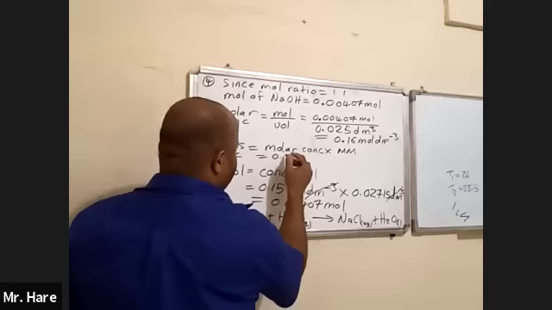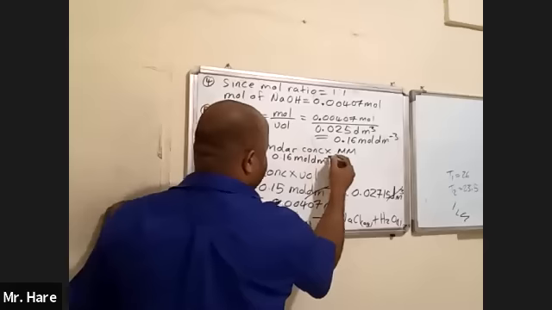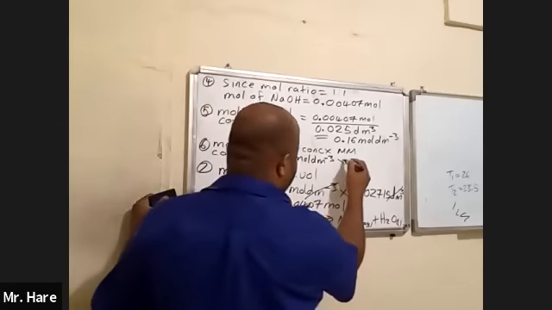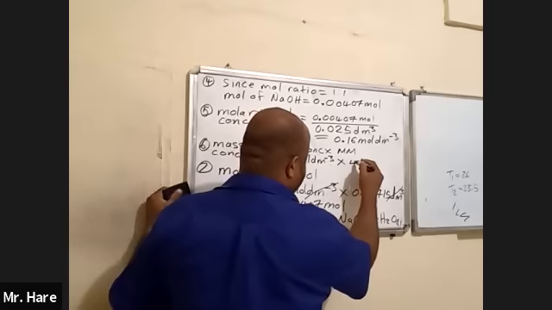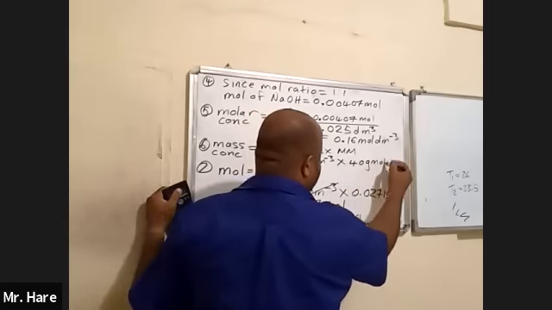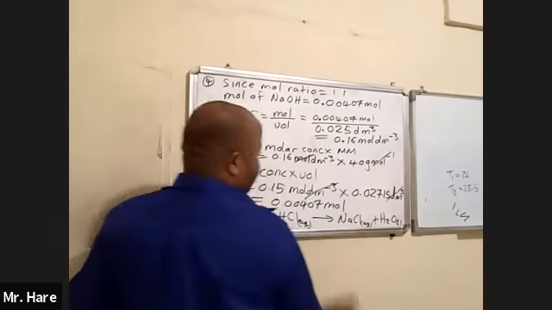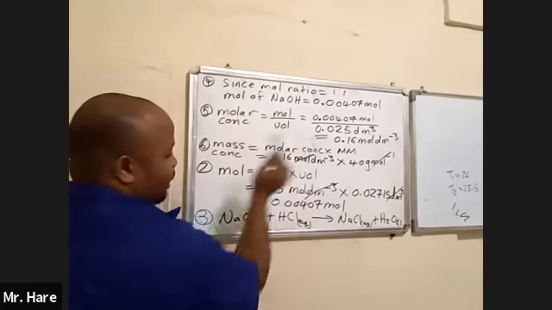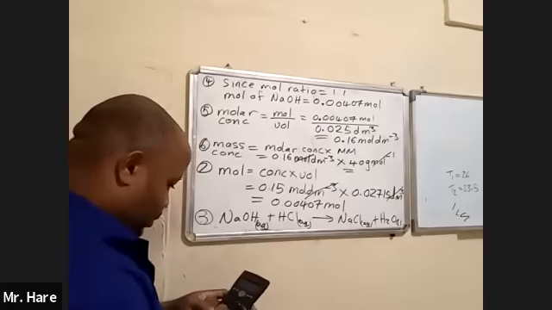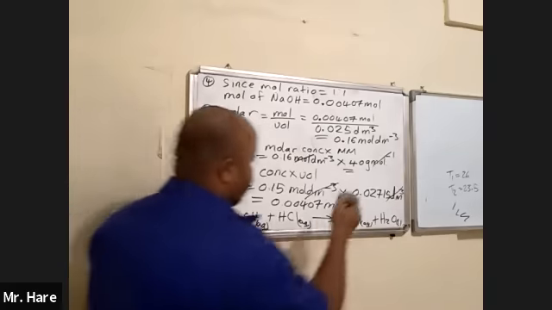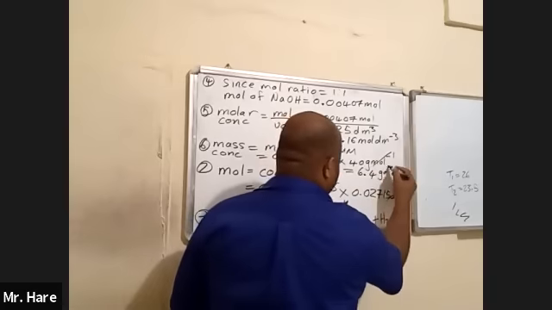So it's 0.16 moles per dm cube, and let me show you that the units work out. The molar mass for sodium hydroxide is 40 grams per mole. So mole cancels mole, you're left with grams per dm cube. It's 6.4 grams per dm cube.